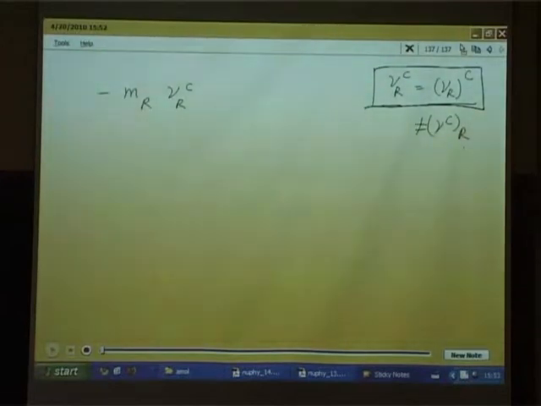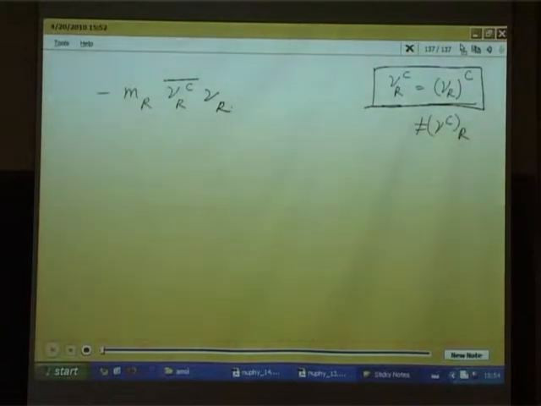Any time I write a term, it always comes with plus Hermitian conjugate. So let me write this down.